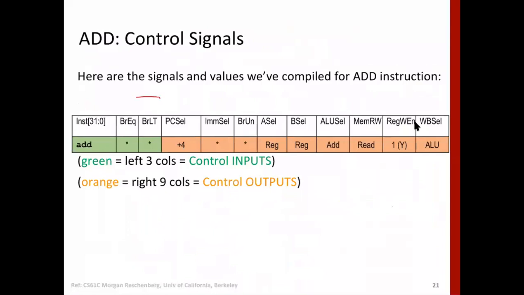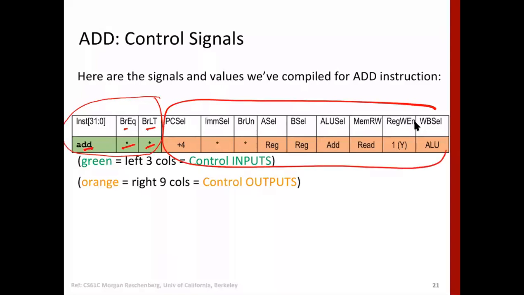These are the input signals shown in green, corresponding to some bits of the code for the add instruction, and then something coming from the comparator. There are 2 bits coming from the comparator, BREQ and BRLT, and these are the outputs shown in orange color.